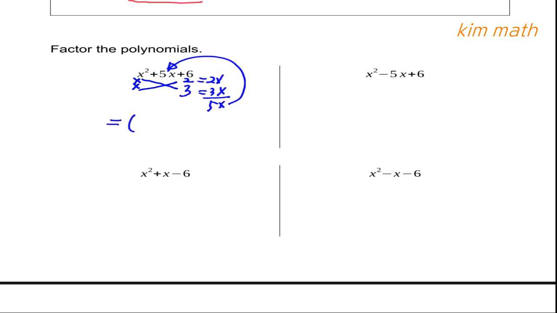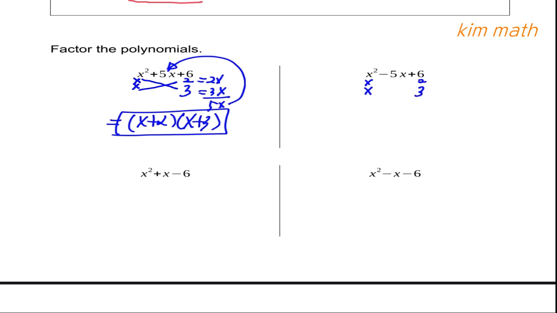First row, x plus 2. Second row, x plus 3. Okay, next one. Very similar one, but the coefficient of x is negative 5. How can you handle this one? x, 2 and 3.